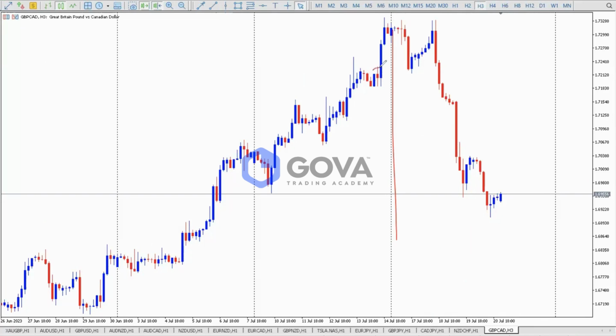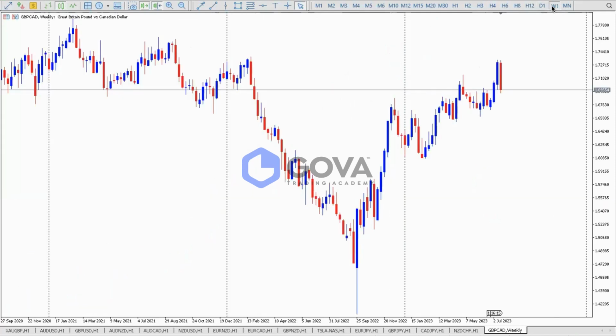For example, you can see this is the last formation that formed towards the ending of last week. You can see this is a drop-based rally that formed. So this is how to identify the location of the formation. But how to identify whether the trade is sitting in the right area or not is what I'm trying to show you on a higher time frame.